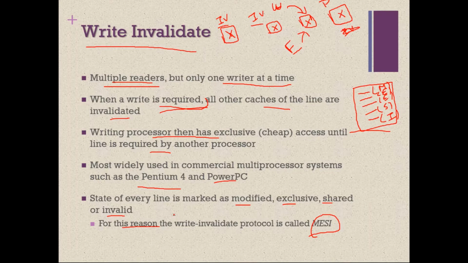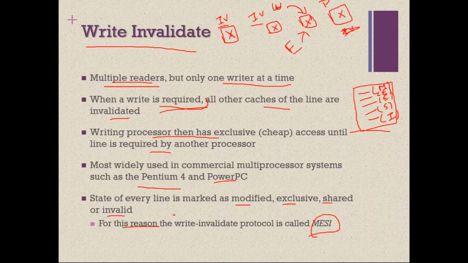So just understand, in a MESI protocol there can be multiple readers but only one writer at a time. When somebody wants to write to a particular data, then all other copies of the data will get invalidated, and now this processor has the exclusive control and can perform the write operation.